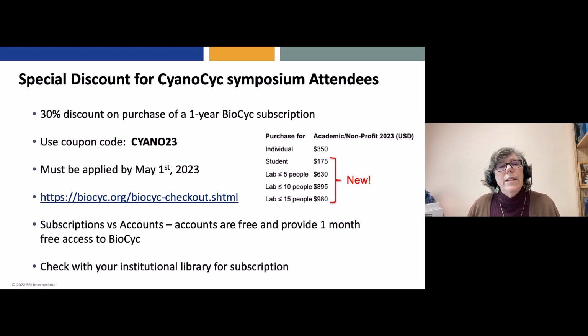So you do need an account to use BioCyc, even if you have the subscription. And with the free account, once you sign up, you do get 1 month free to access things, so you could see what you think in the next month. And then if you're interested, you can use the coupon to get a subscription.